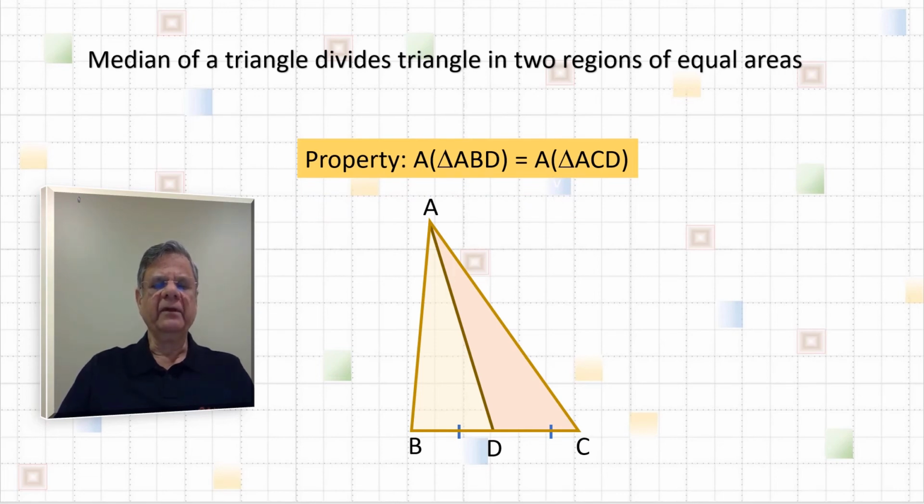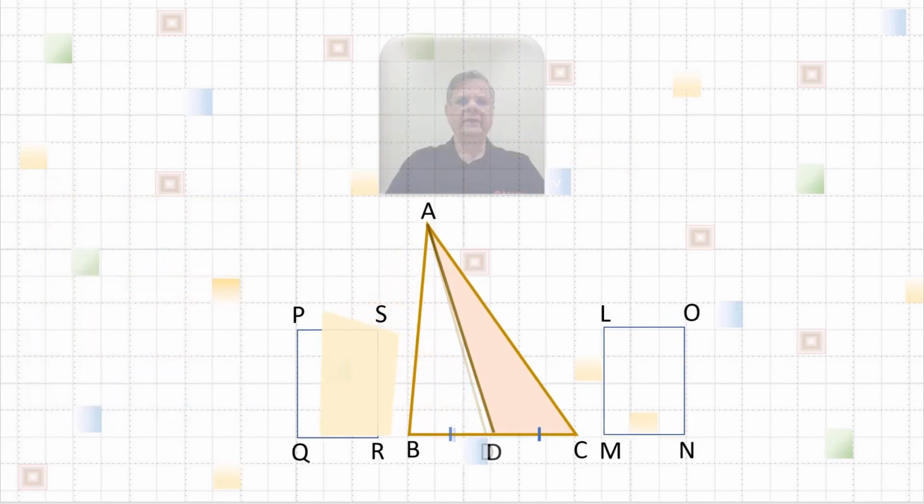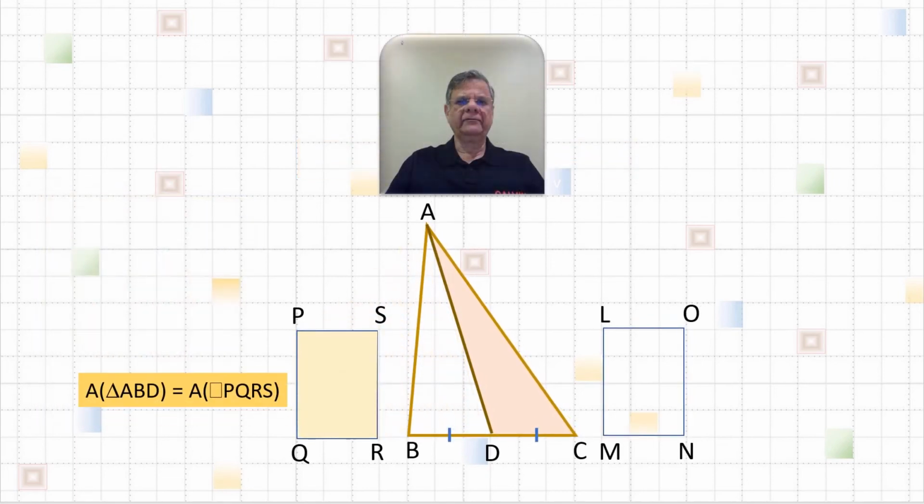Here, base of the triangle is 6 units and height of the triangle is 8 units. So consider two rectangles PQRS and LMNO with base 3 units and height 4 units each. Area of triangle ABD equal to area of quadrilateral PQRS.